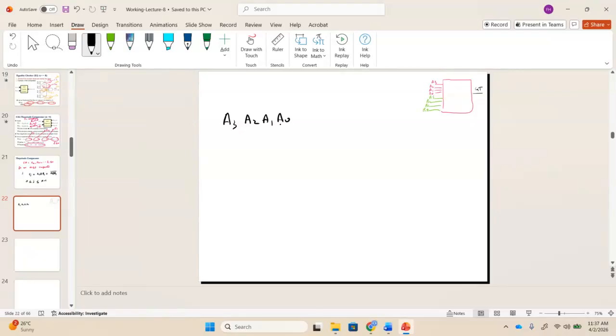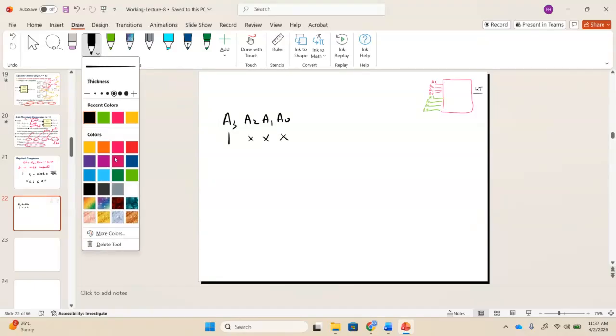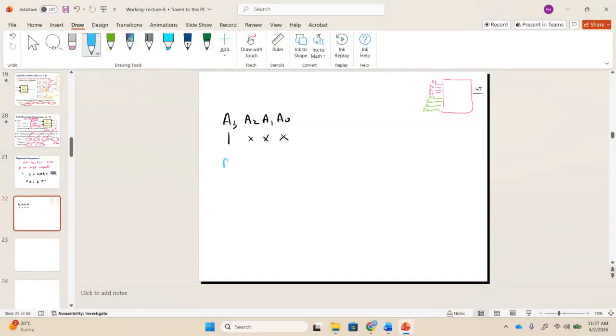Let's assume the value of A3 is 1, and we ignore A2, A1, A0. Got it? And now let's assume we have B, which is B3, B2, B1, and B0, where B3 is 0, and let's assume the rest is 1, 1, 0.